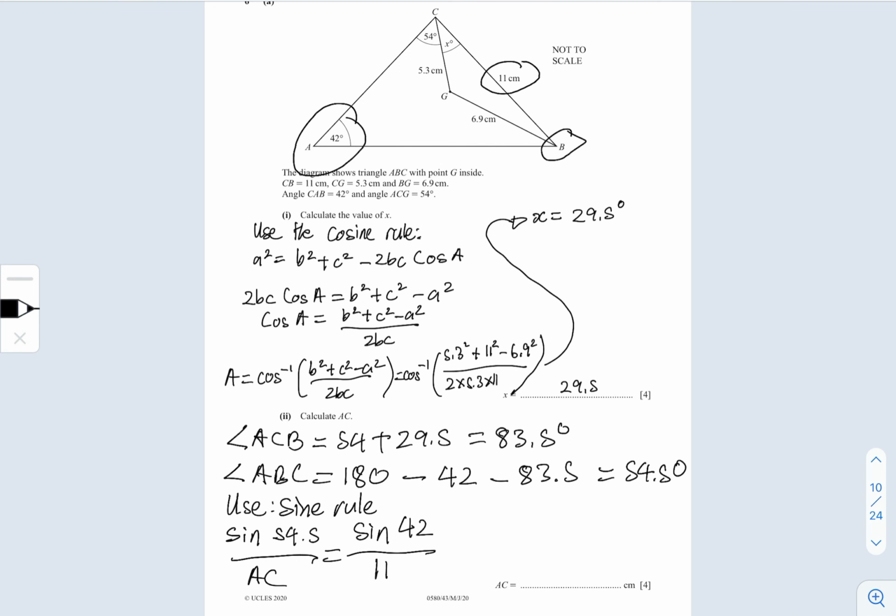Rearranging, AC equals 11 times sine 54.5 divided by sine 42. Putting that in a calculator, we get 13.4 cm. Therefore, length AC is 13.4 cm.